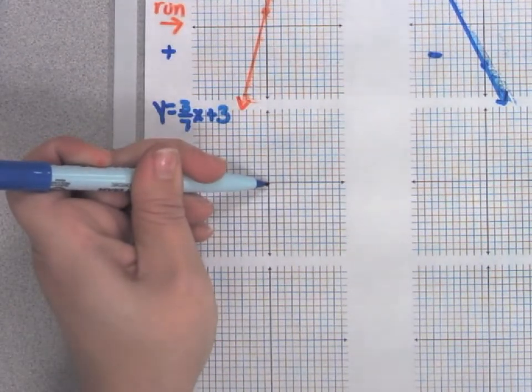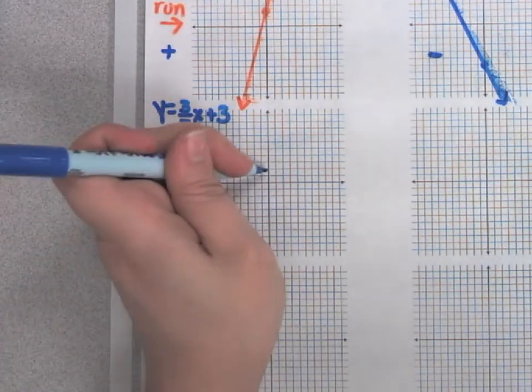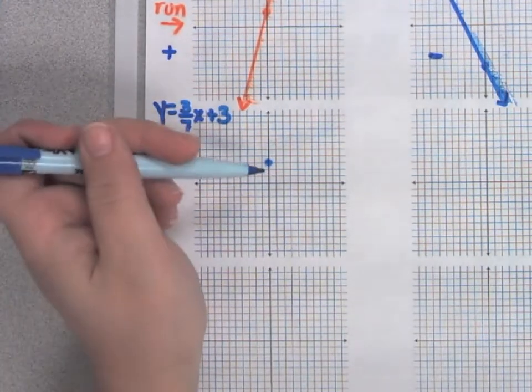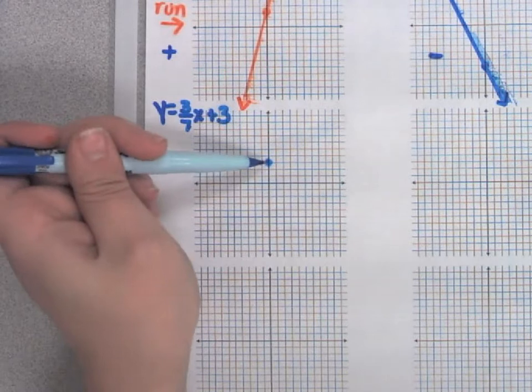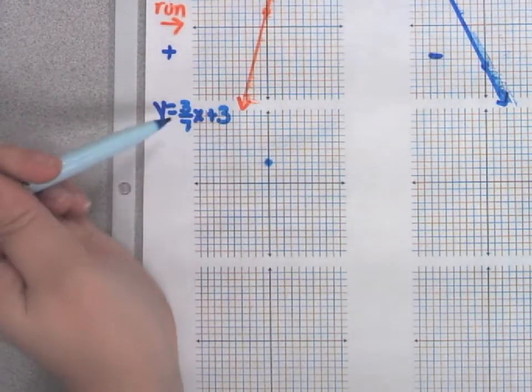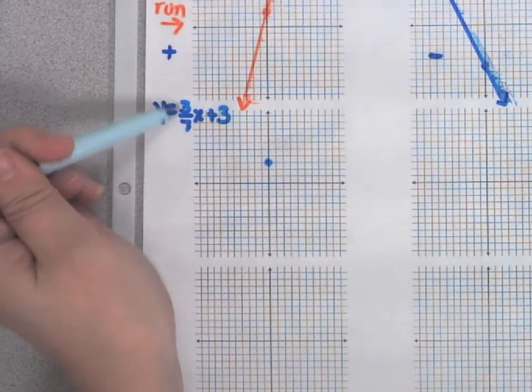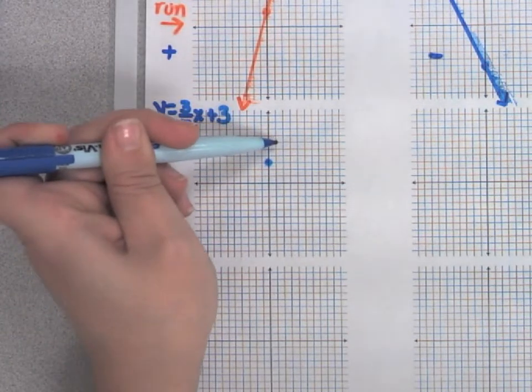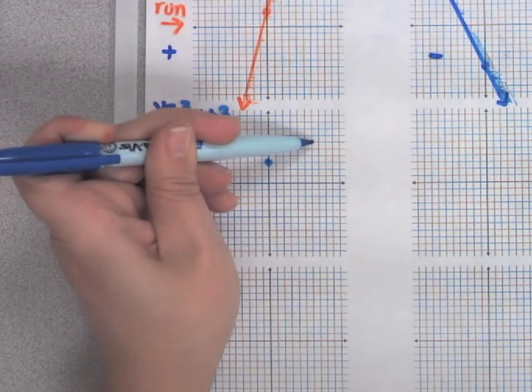Up 3. 1, 2, 3. Okay? Then what am I going to do for my slope, CJ? Well, up 3. Yep, so up 3. 1, 2, 3, over to the right 7. 1, 2, 3, 4, 5, 6, 7.